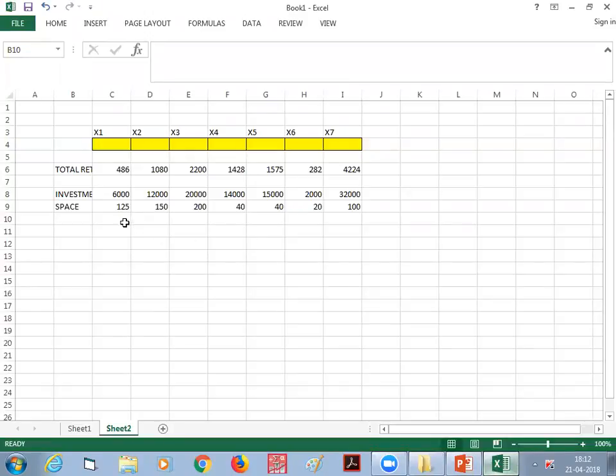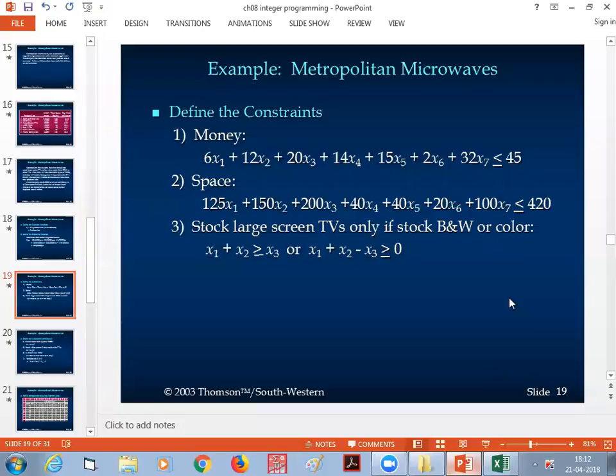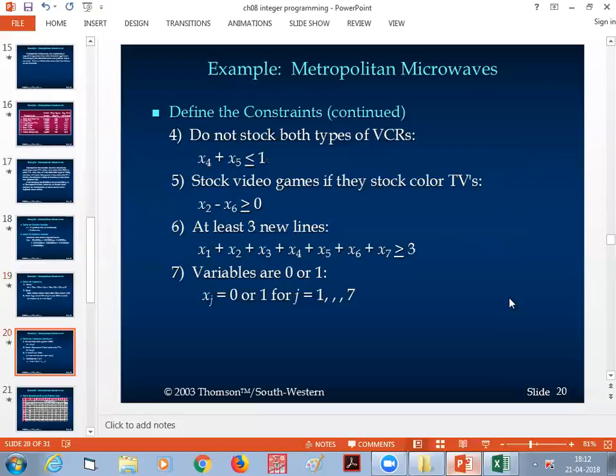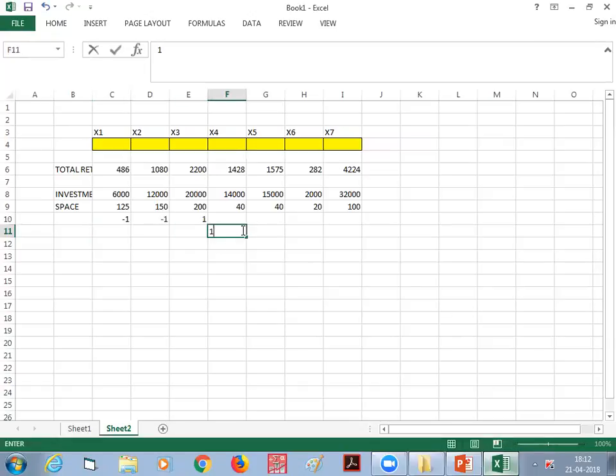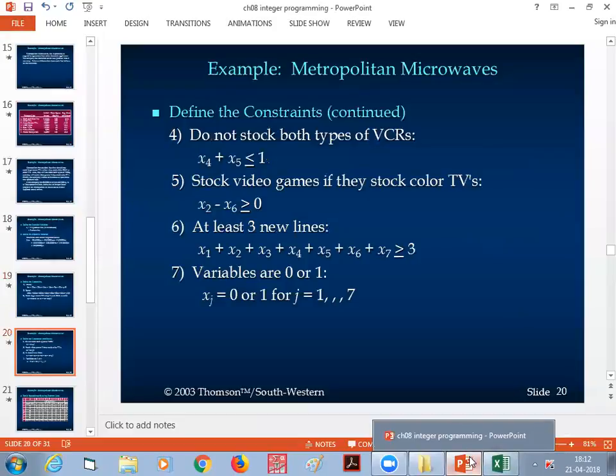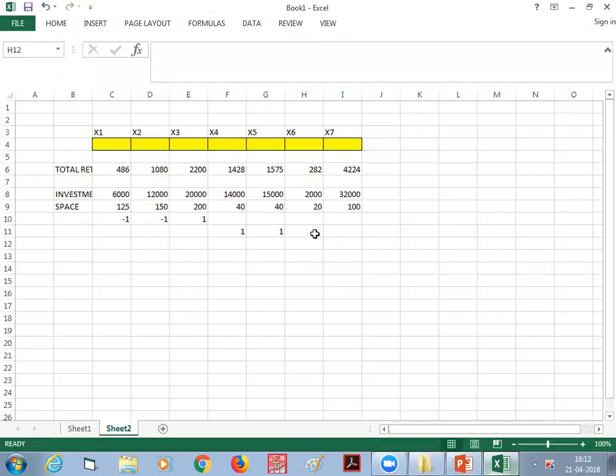Then here X4 plus X5 less than or equal to 1. Then we have X6 minus X2 is less than or equal to 0.